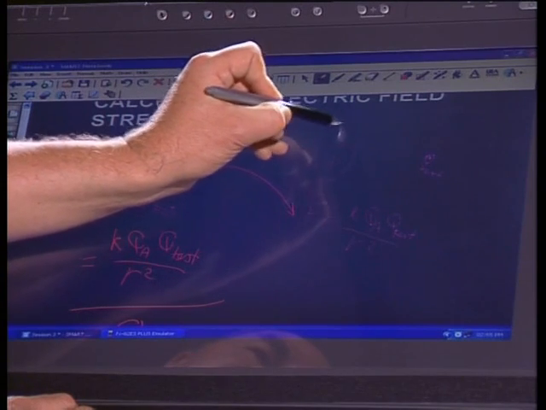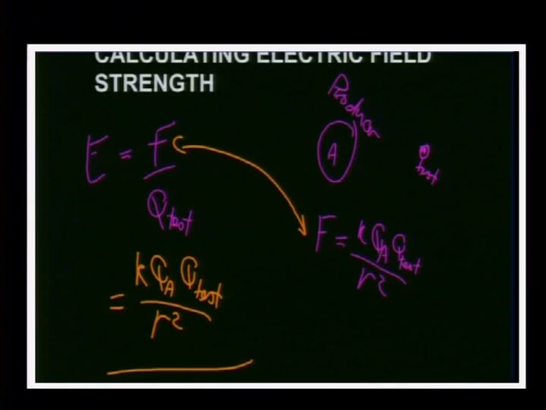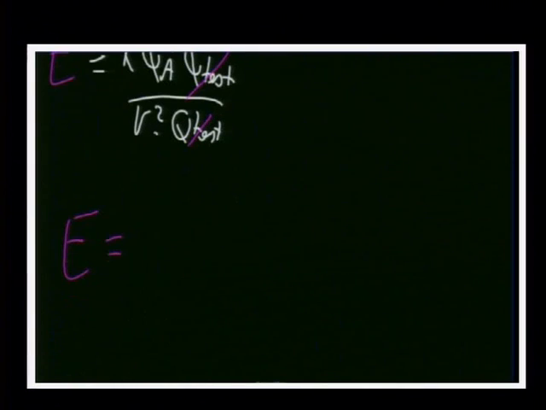This is the producer, and this is the distance between them, R. So if we know the mother charge, then we can calculate the electric field strength at any position away from that mother charge.